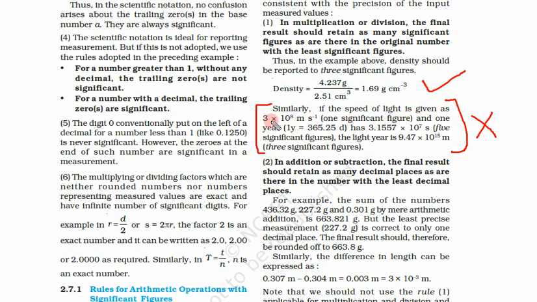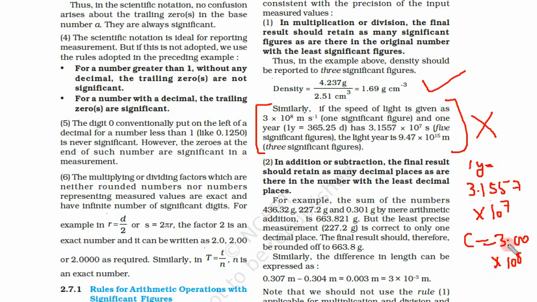Suppose they must have given this like this, that 1 year is equal to 3.1557 into 10 to power 7 seconds, and speed of light, c, is equal to 3.00 into 10 to power 8 meter per second.